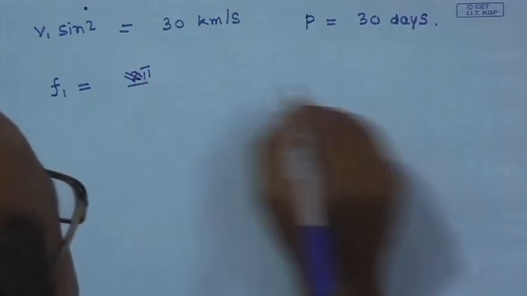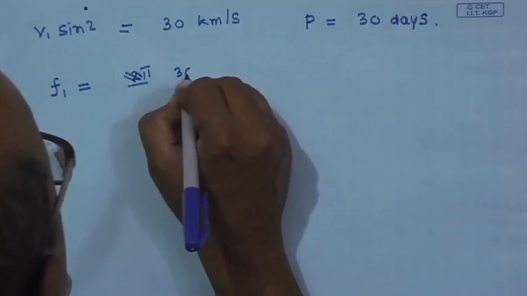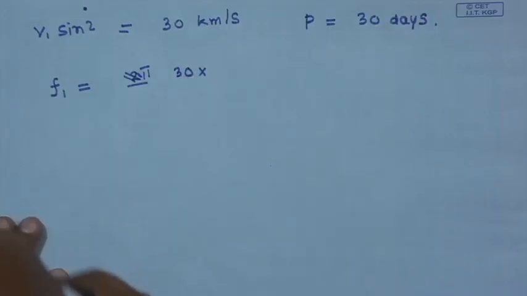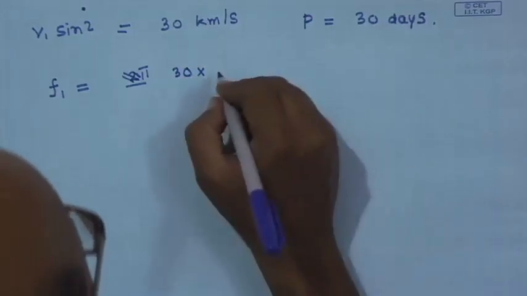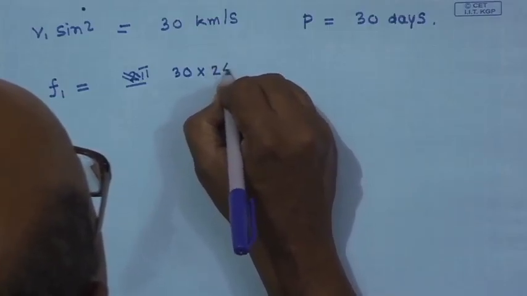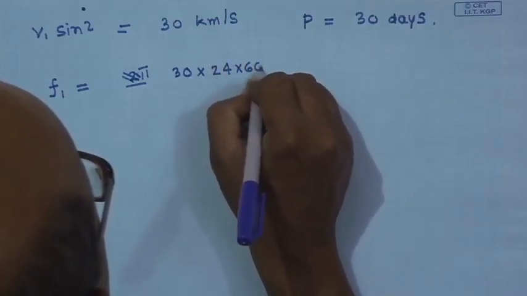We have seen that f1 is the period divided by 2 pi G, times the cube of the velocity. The period is 30 days, and we have to convert it into hours, into minutes, into seconds.